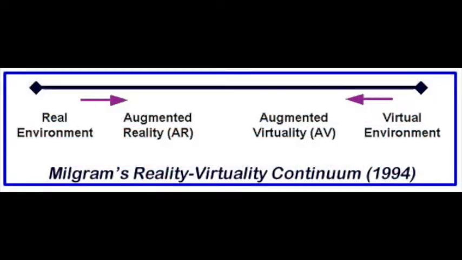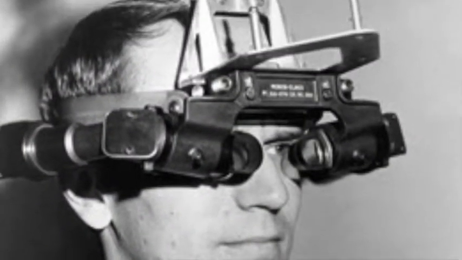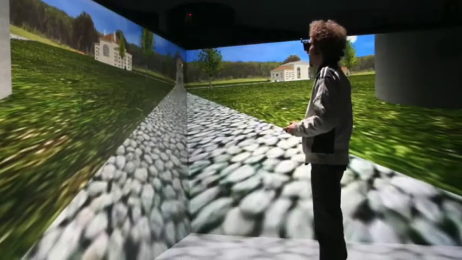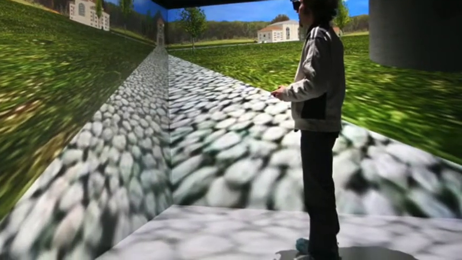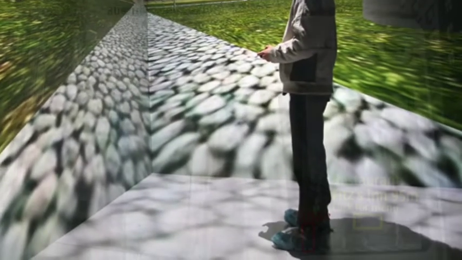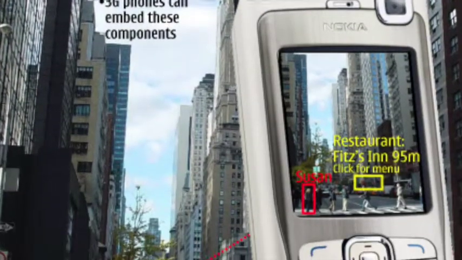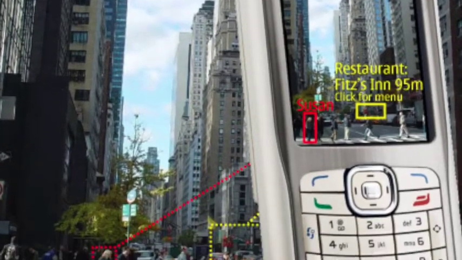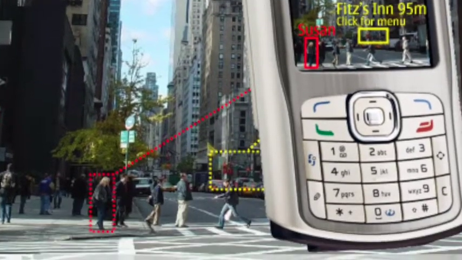It is important to understand the differences between augmented reality and virtual reality. Augmented reality finds its roots in virtual reality technologies. Virtual reality completely immerses the user inside a synthetic environment. The user cannot see the real world around him. Augmented reality, on the other hand, supplements reality rather than completely replacing it.